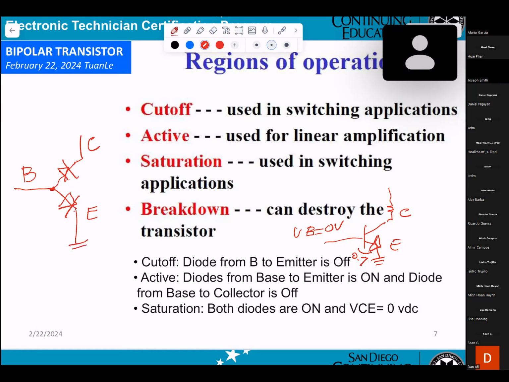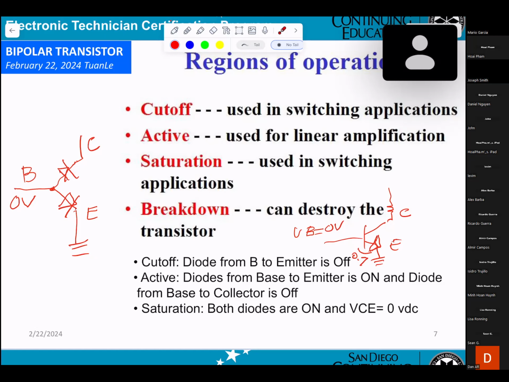If I ground it here, I say VB is 0 volt, and you know this diode will be off. That means they open right here, and the current IB, IE, IC equals 0. That's what they're talking about. They're using cut off for the switching.